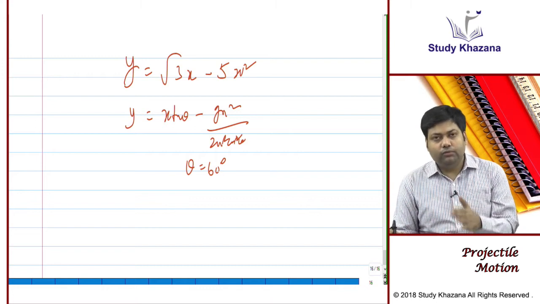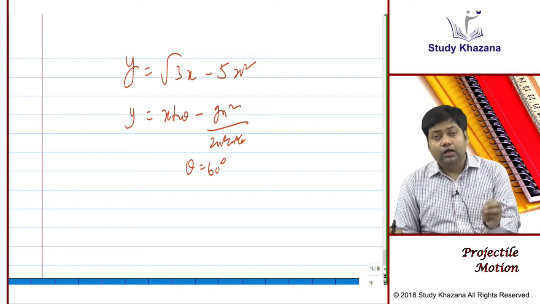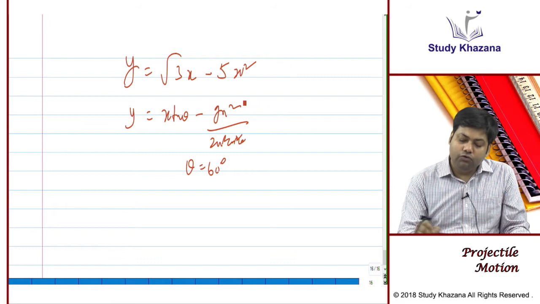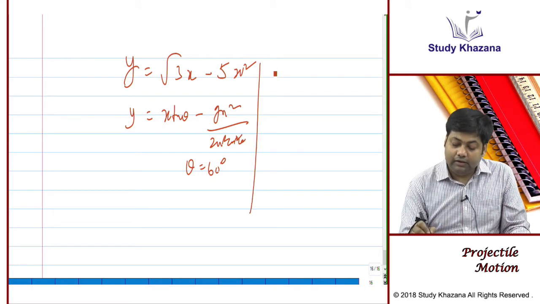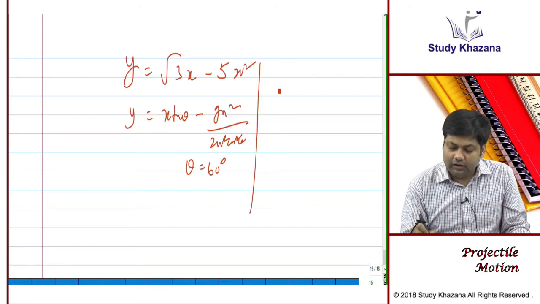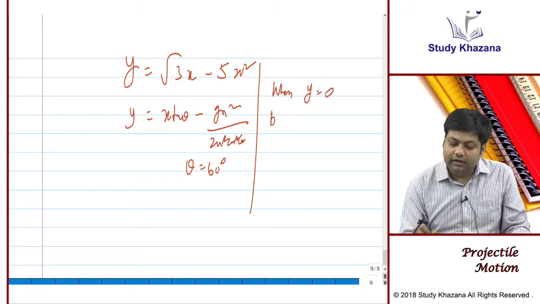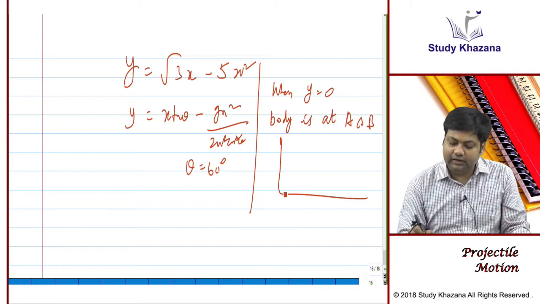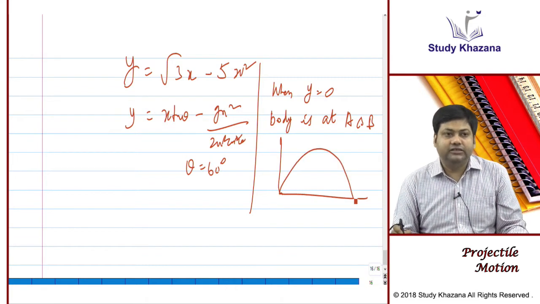So for range, you have to get the u, you have to get the theta, and then you have to get the sine 2 theta. What you can do from the mathematics is that if you put y equal to 0, as we have discussed initially, that when y equal to 0, the body is at A and B. A is the starting point and B is the ending point.